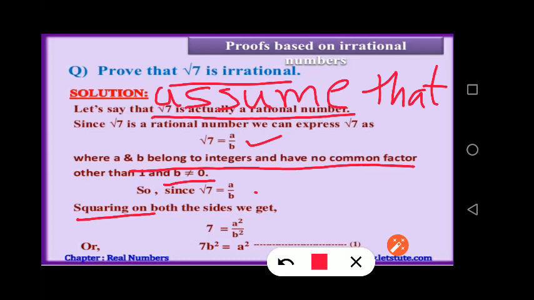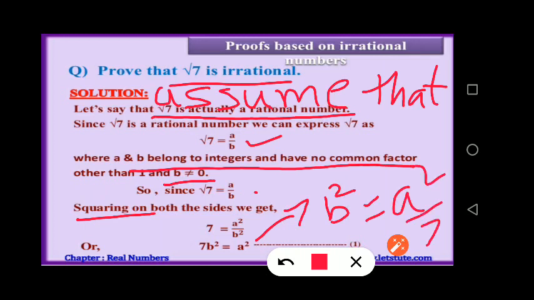Got it? From here only, we can write b square is equal to a square by 7. Now, what is b? b is an integer. Then what will be b square? b square will also be an integer, which means that a square by 7 is an integer.